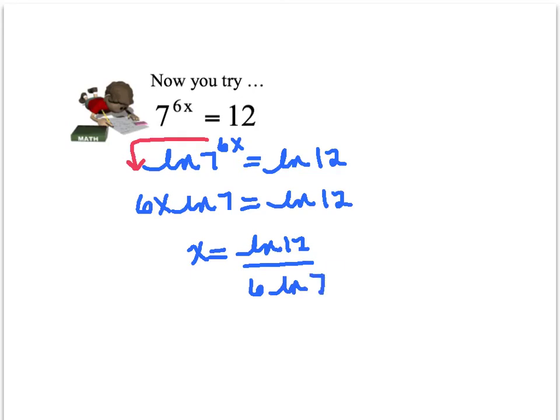We're able to put this into our calculator. We want to be careful and make sure that we use double division, divided by 6 and divided by the natural log of 7. When we put this into our calculator, we get approximately 0.213.